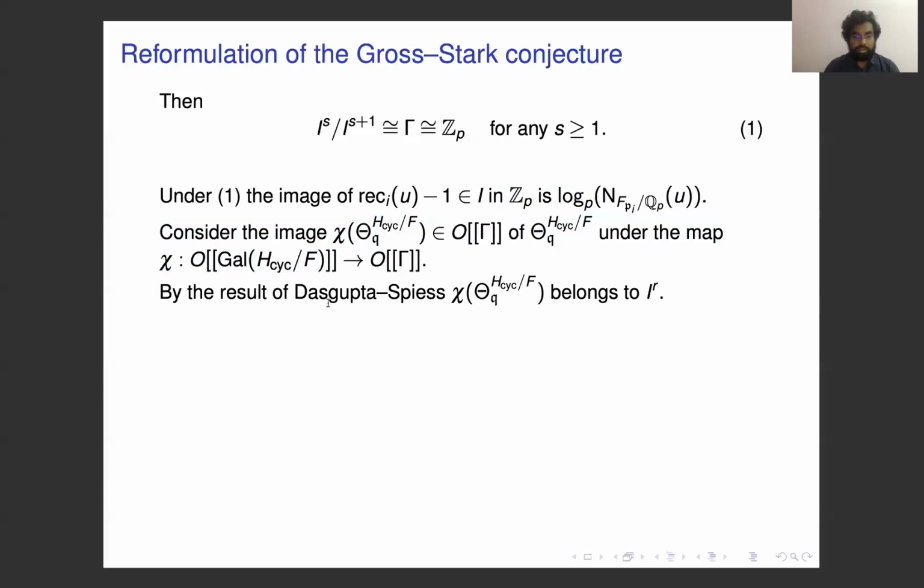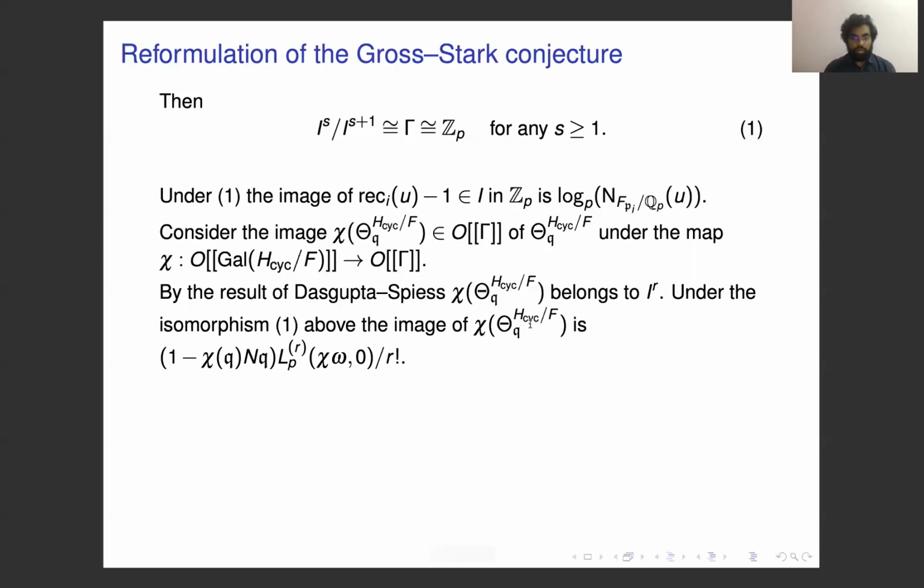Okay, then this result of Dasgupta and Spiess that I mentioned, or a slight generalization of this, implies that this element actually belongs to the augmentation ideal to the r. Okay, so it's divisible by t to the r if you use this isomorphism between I and t. This is precisely saying that the order of vanishing of the p-adic L function is at least r.